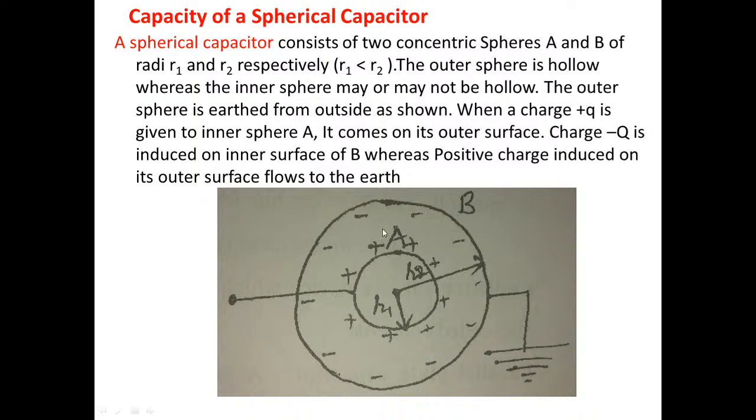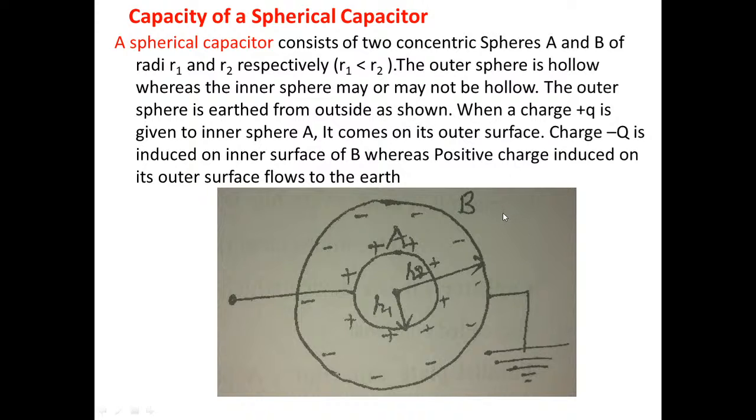The outer sphere is hollow, whereas the inner sphere may or may not be hollow. The outer sphere is earthed from outside as shown.